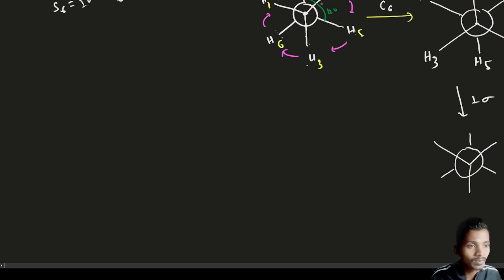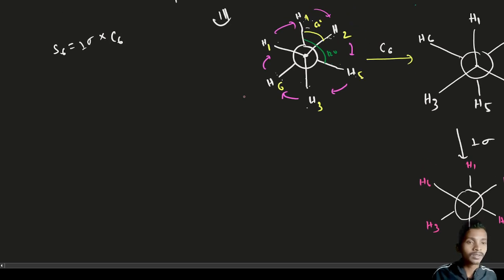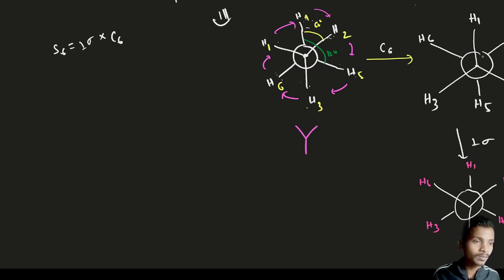So h1 means h1 will be here, h1, h4, h2, h5, h3, and h6. Okay, so if you look at these two molecules, then this is this y, and this becomes what I'm discussing about the front y, means the front carbon.